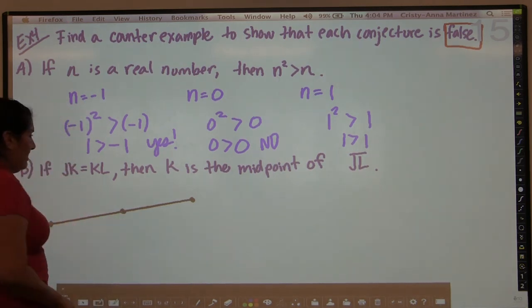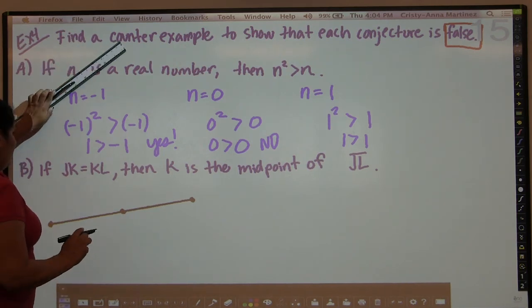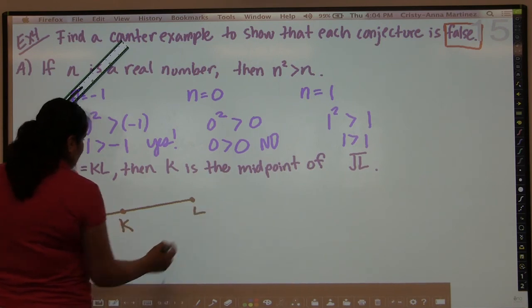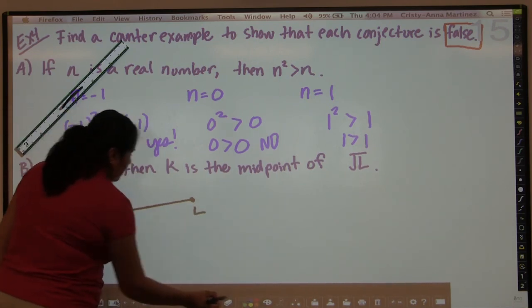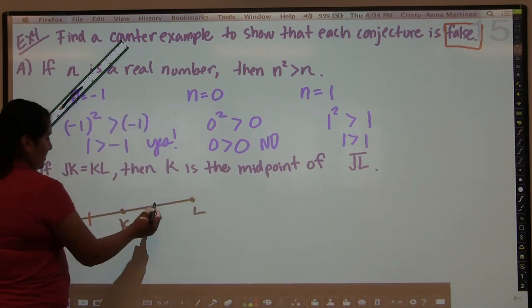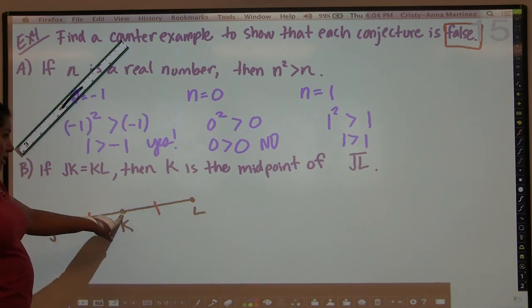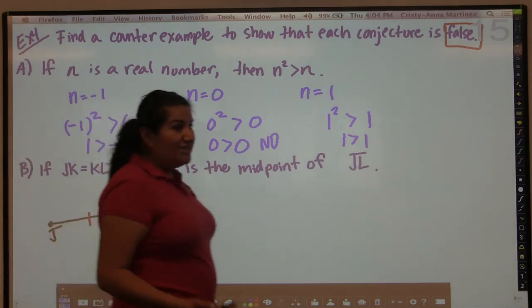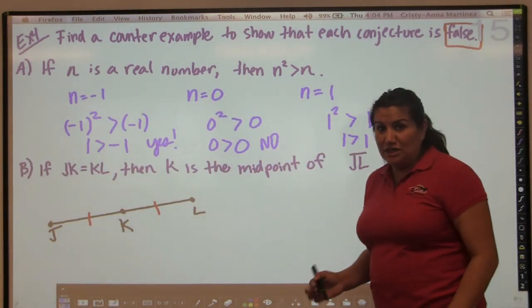So, of course, you start thinking about the obvious. JK equals KL. So if I call this J, and this K, and this L, then yes, indeed, if JK is the same as KL, then K is the middle of JL. Perfect. But it never said that the points had to be in a straight line.